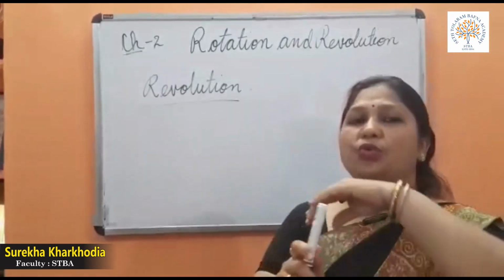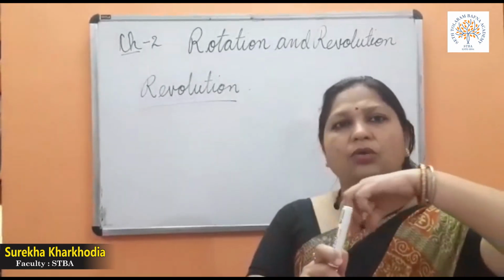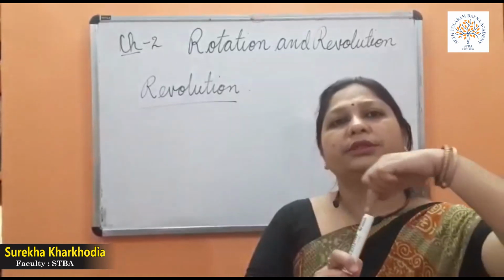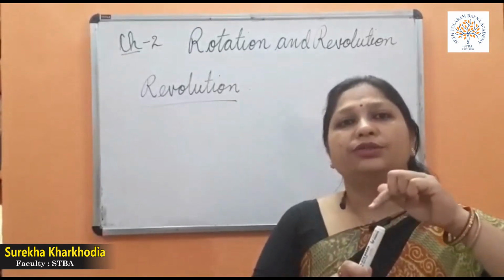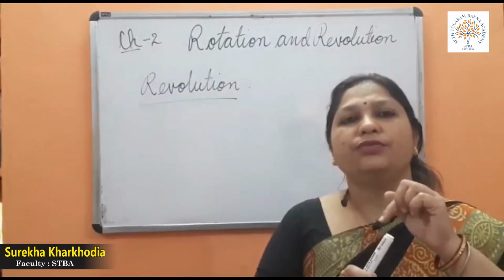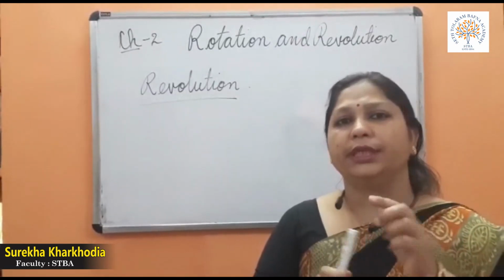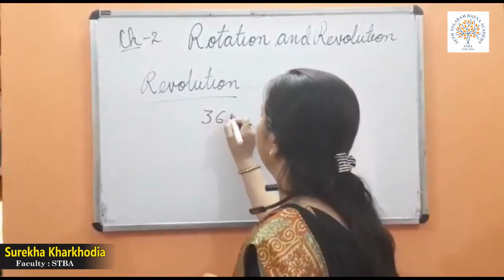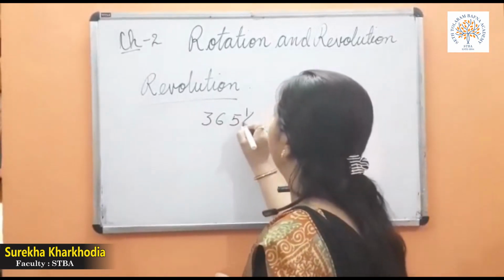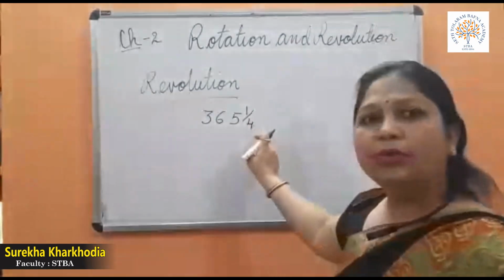Children, to go around the sun, how much time does the earth take? Yes, earth takes 365 1/4 days. What do we call 1/4?